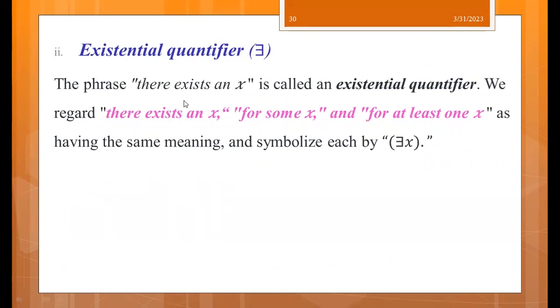Correspondingly, we also have "for some x," or "for at least one x." Additionally, it could be symbolized by this one, meaning there exists x, or for at least one x, or for some x. All of these have the same meaning.